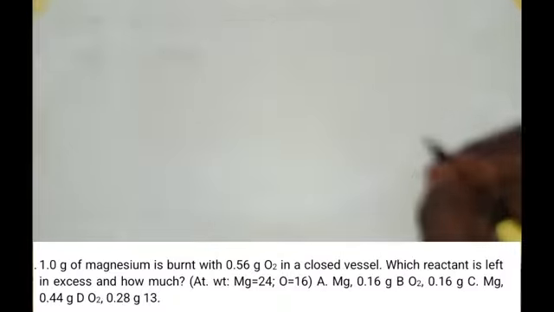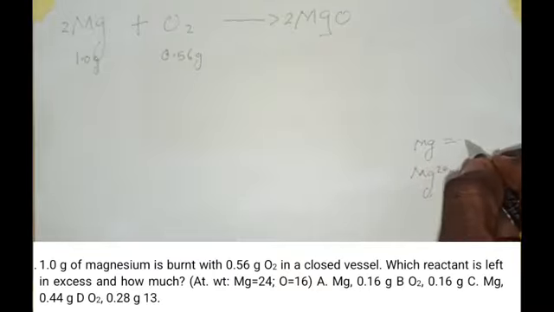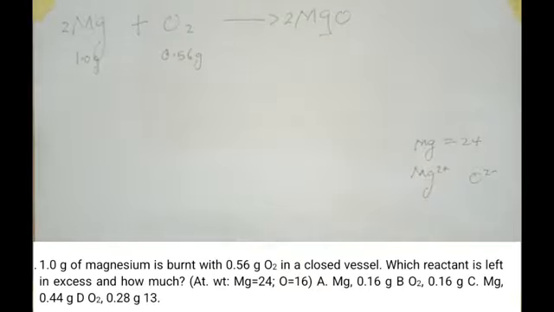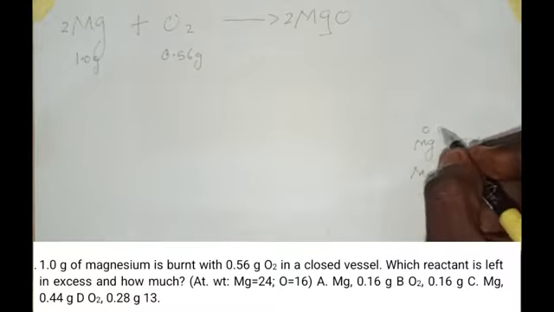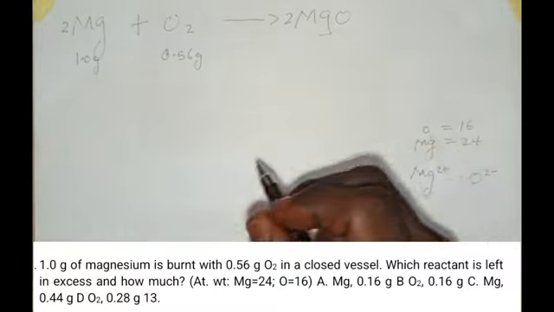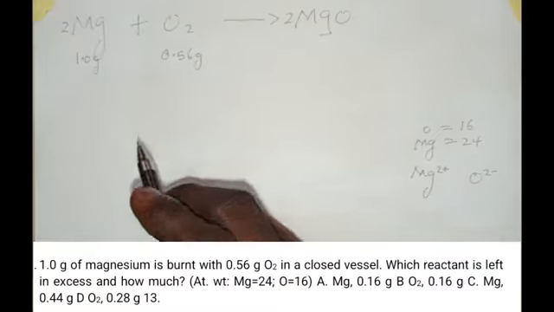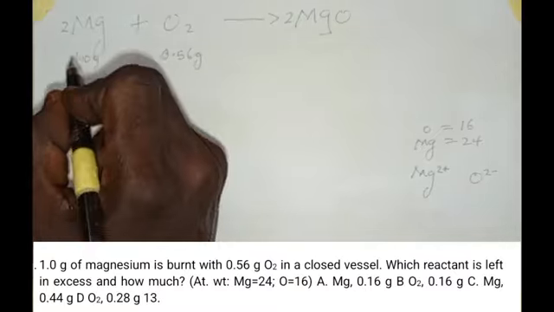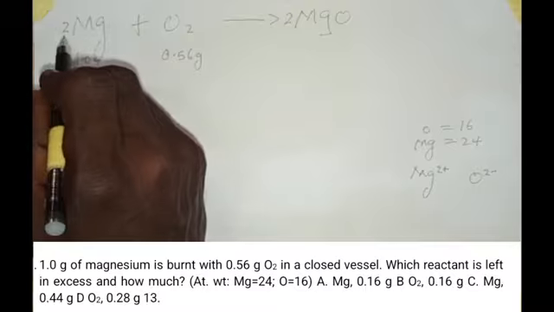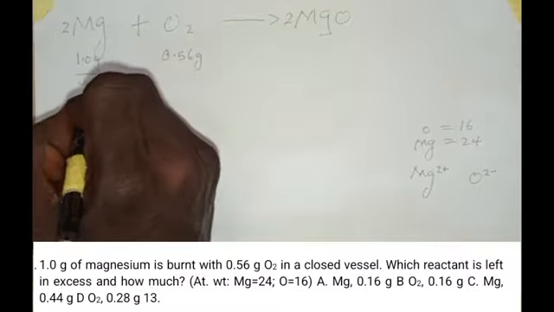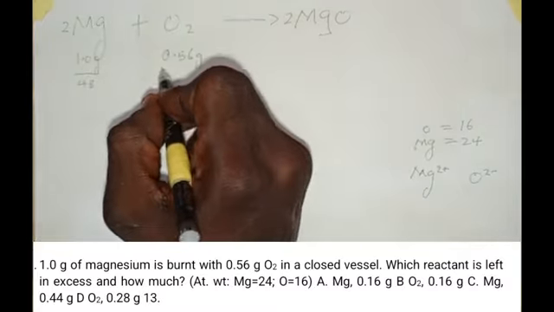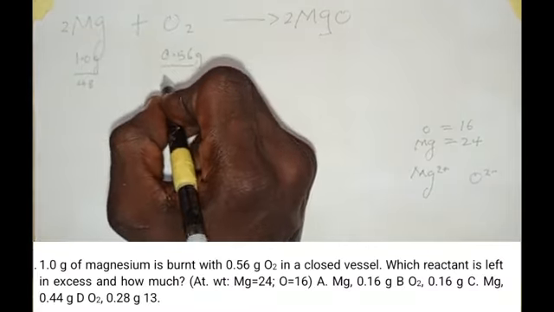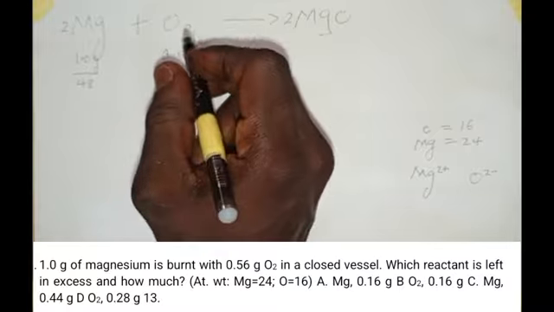Don't forget that magnesium is equal to 24. That's the atomic mass, and oxygen still remains 16. So what do we do here? We are going to divide the 1 by 2 times 24, which is 48. And we're going to say 0.56 divided by 32. That is 16 times 2.